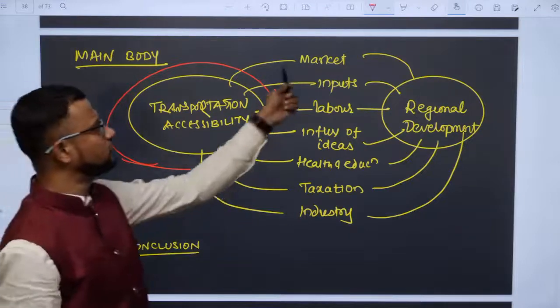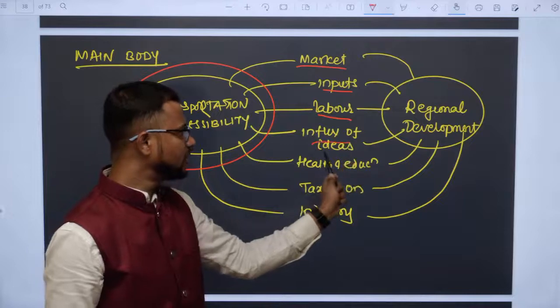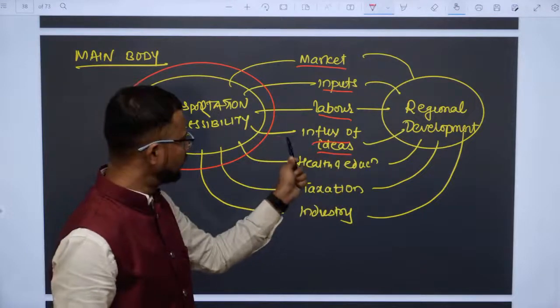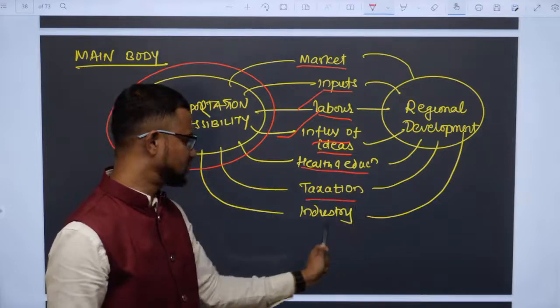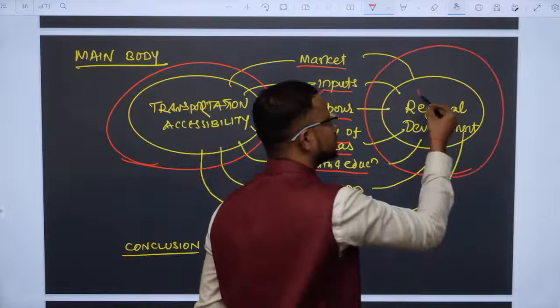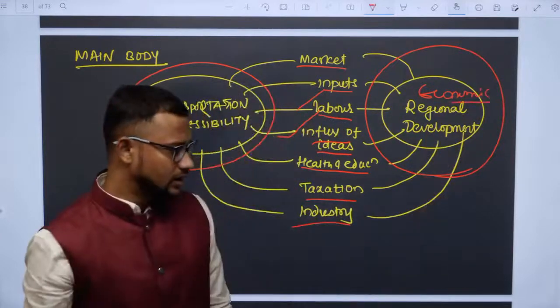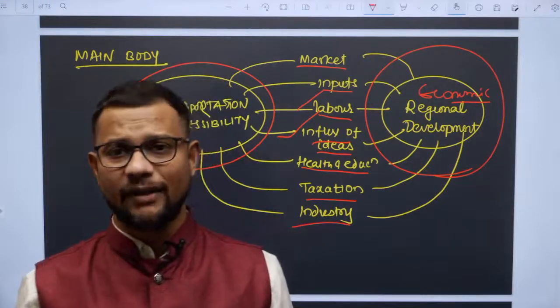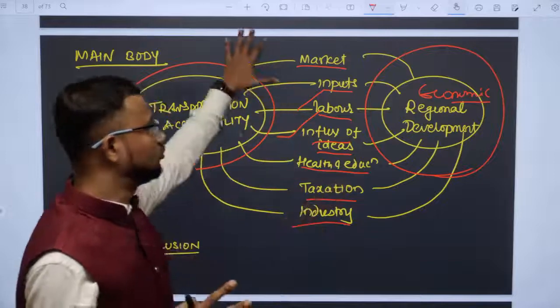So as I told you, market availability होगा, inputs मिलेंगे, cheap labor availability, enough labor, influx of ideas, health and education, taxation, industry. These points no doubt will lead to regional economic development. I am telling you again, the more diverse your points, the more marks you will get.